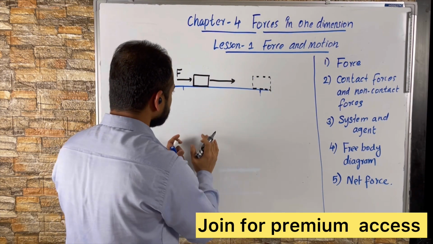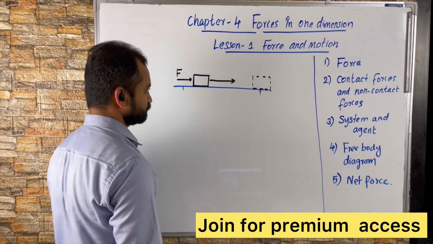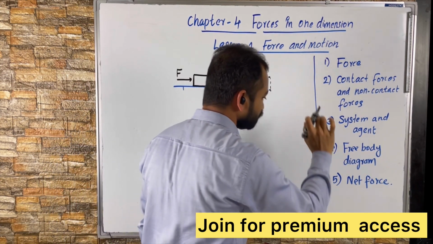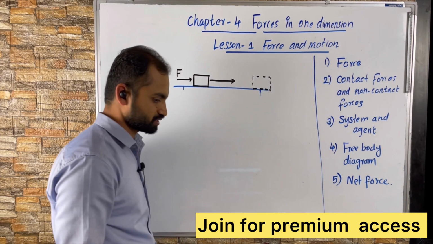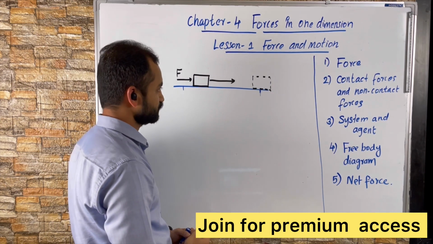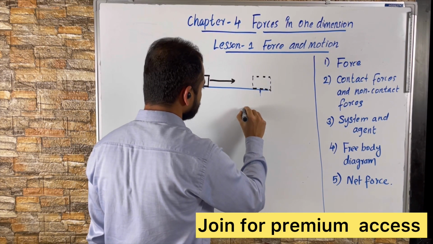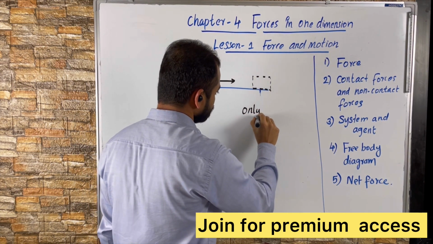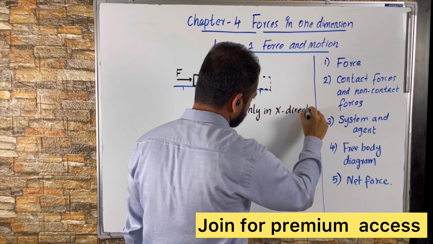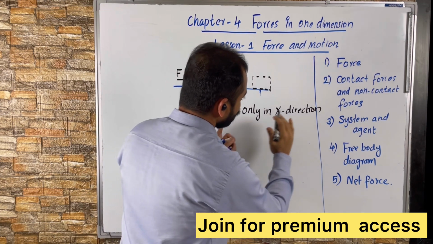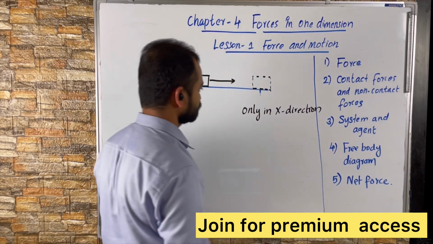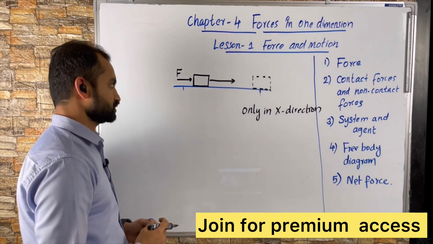You are not applying any force in vertical direction. Or we can say you are applying a force only along the x direction. You are not applying the force in the y direction. So here force is only in x direction. So only in one direction, right? Force is along the x component. So that is called one dimensional force.